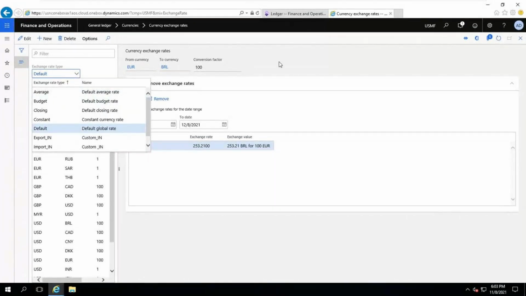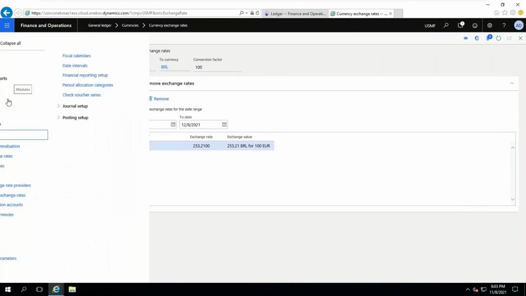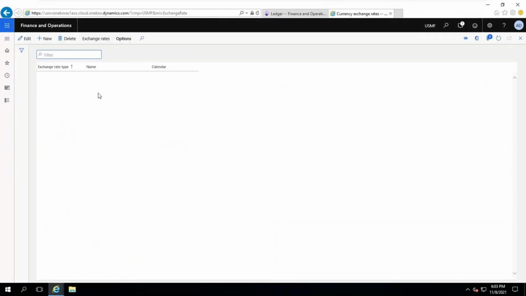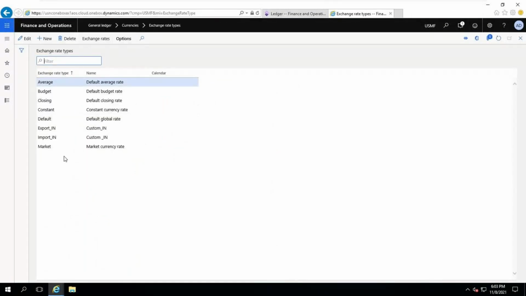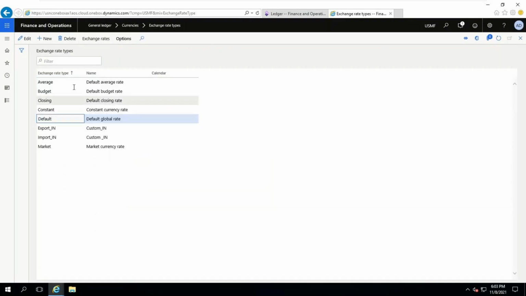One of the topics I need to explain is enterprise level data. We'll discuss that later. One more topic I need to discuss. Now you can create exchange rate types, then select whatever is corresponding, and click on exchange rates. There are so many exchange rate types, like average exchange rate types.